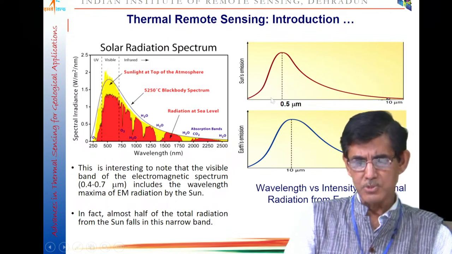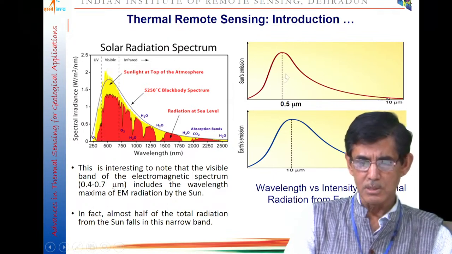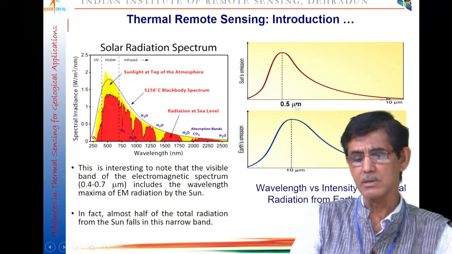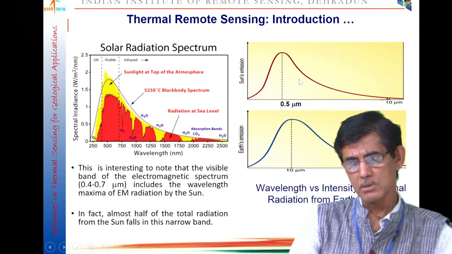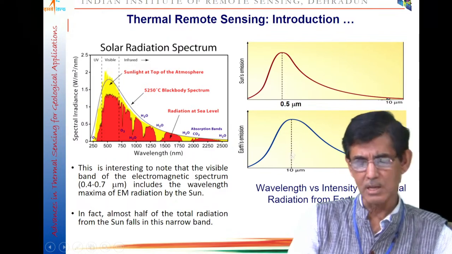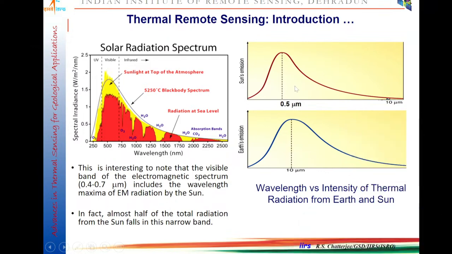Now you see in case of the sun, if you see this radiation spectrum, the maximum radiation happens at 0.5, that means at the green band. The green band is approximately 0.5 to 0.6 micrometer. But in case of the Earth, the maximum radiation peaks at 10 micrometer, that is 9.7, as I have already discussed in the previous slide. So if you want to do thermal sensing of the sun, then which area is important to us?